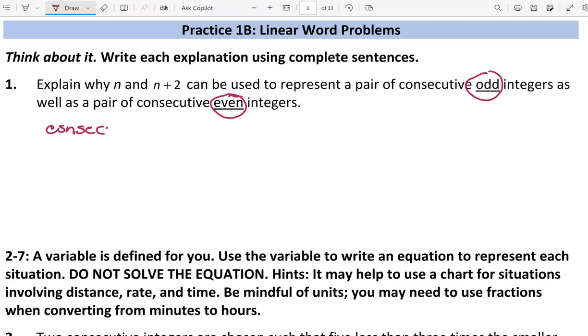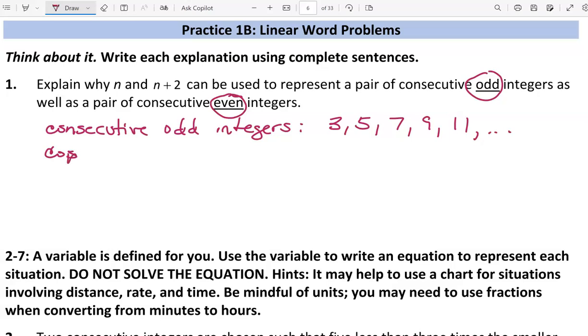we need to take a look at some consecutive odd integers. So for example, if we start with 3, the next is 5, 7, 9, 11, etc. And then let's also take a look at some consecutive even integers.